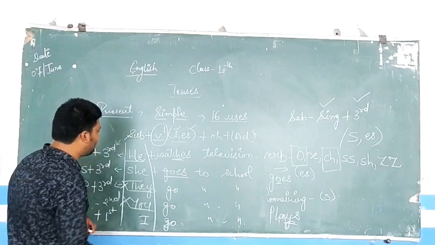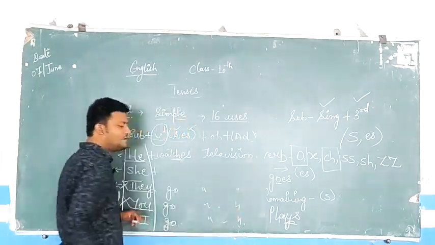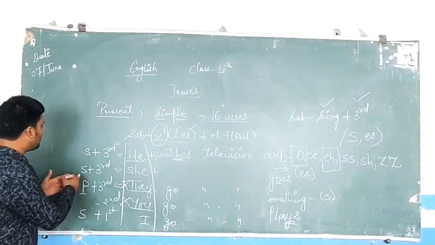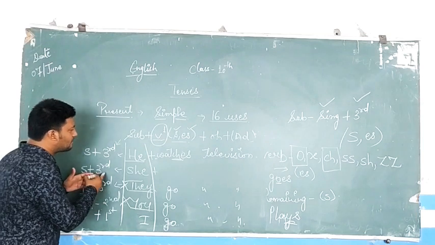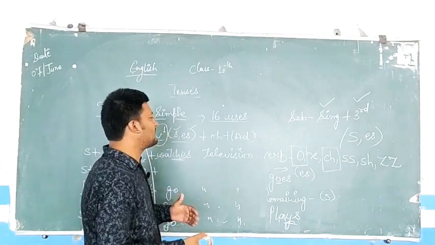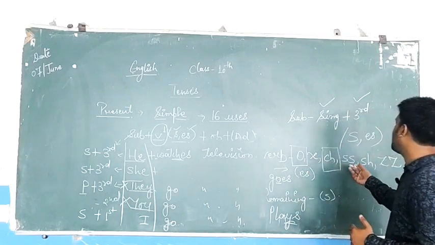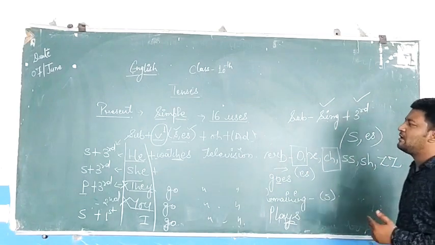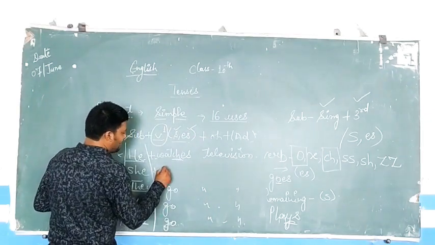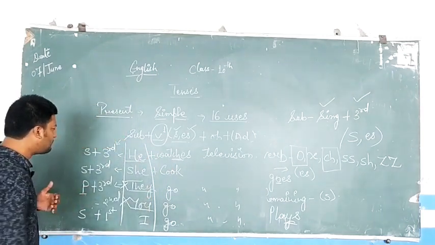Now if I change the verb from watch to someone else, again with the singular and third person, here my subject is she, singular as well as third person. So let's take a verb this time which does not end with either o, x, ch, ss, sh or zz. Let's take the verb cook, C-O-O-K.